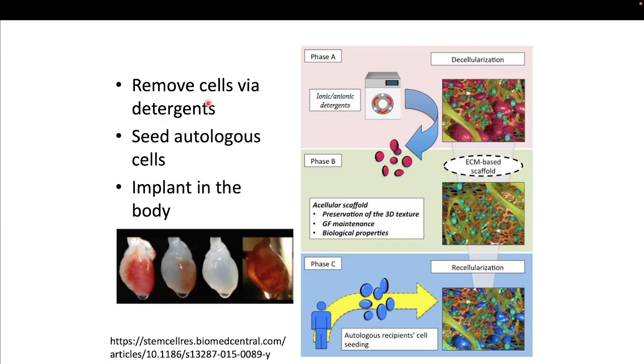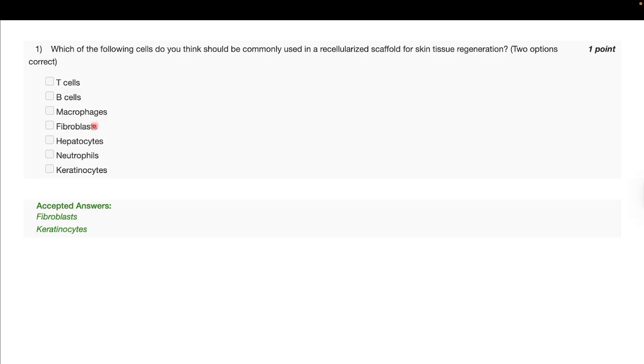You don't want any immune reaction to happen there. So you first have to decellularize the implant and then add cells from the patient's body. This is known as recellularizing the scaffold. So recellularization for skin tissue should be done with cells which are already present in the skin tissue from the patient's body. These would be nothing but your fibroblasts and keratinocytes.